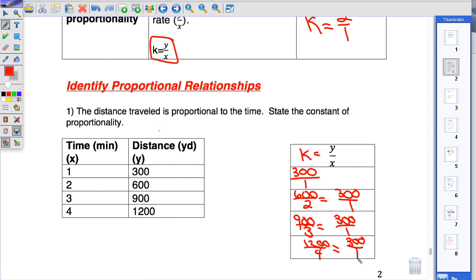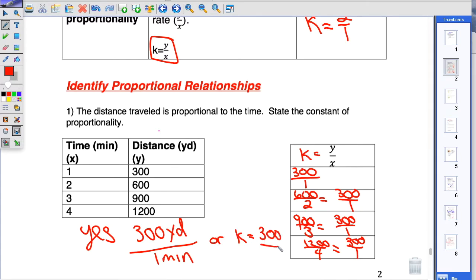Since our constant of proportionality remains the same, 300 over 1, this is proportional. So we have 300 yards over 1 minute, or your k constant is equal to 300 over 1.